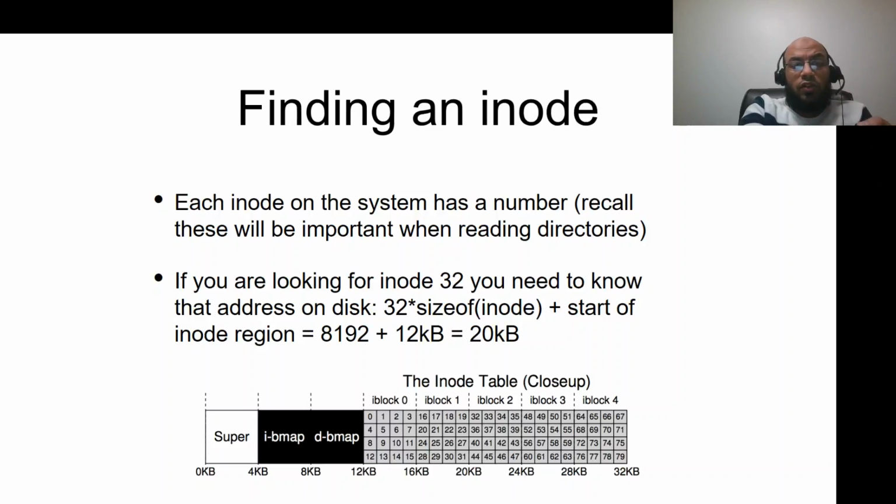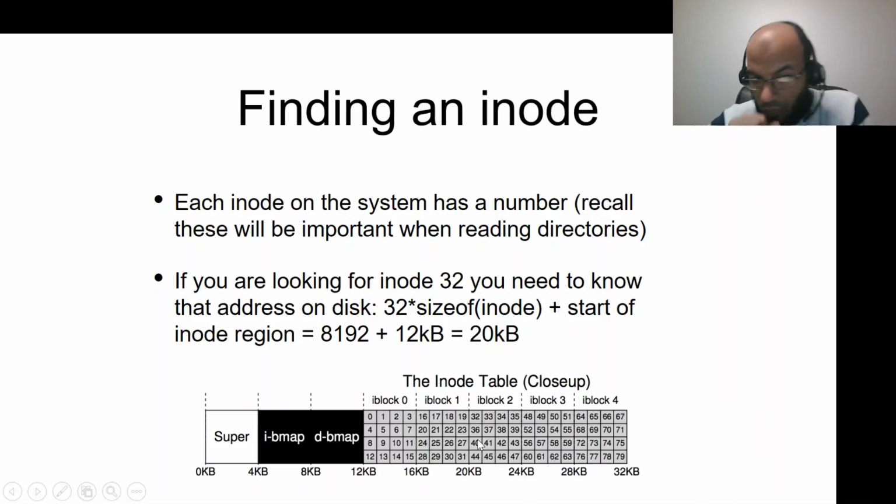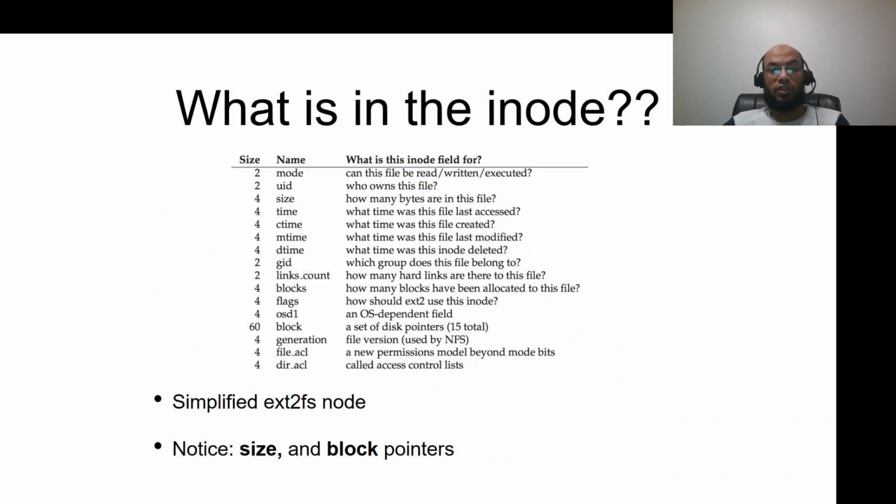So you multiply 256 by 32, and then you reach your 32nd inode. This inode will then allow you to access the file, and this is how you find an inode in the file system.